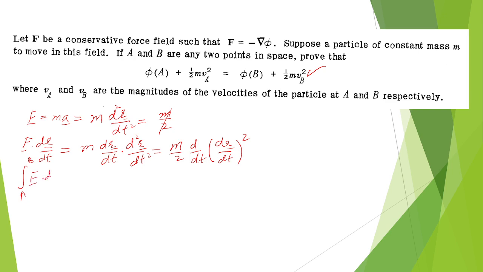F dot dr by dt, dt is equal to m by 2, which is constant, so integrate from A to B d by dt of velocity square, and the dt cancels.